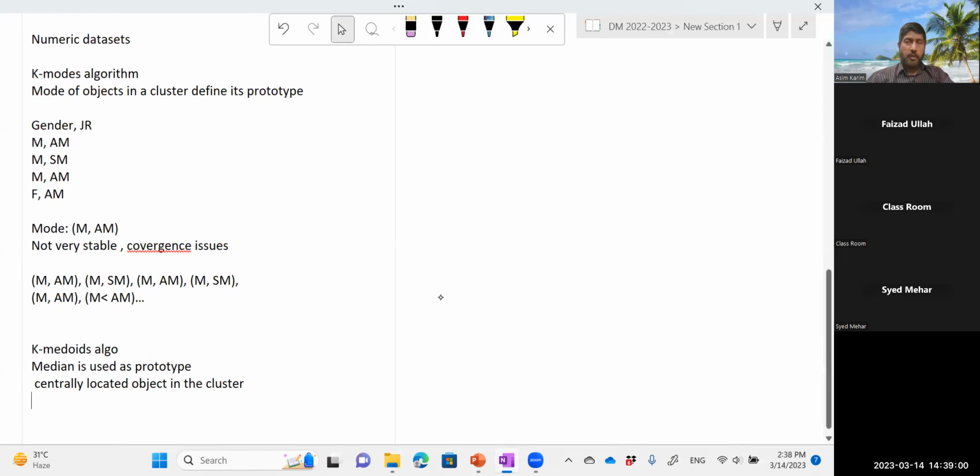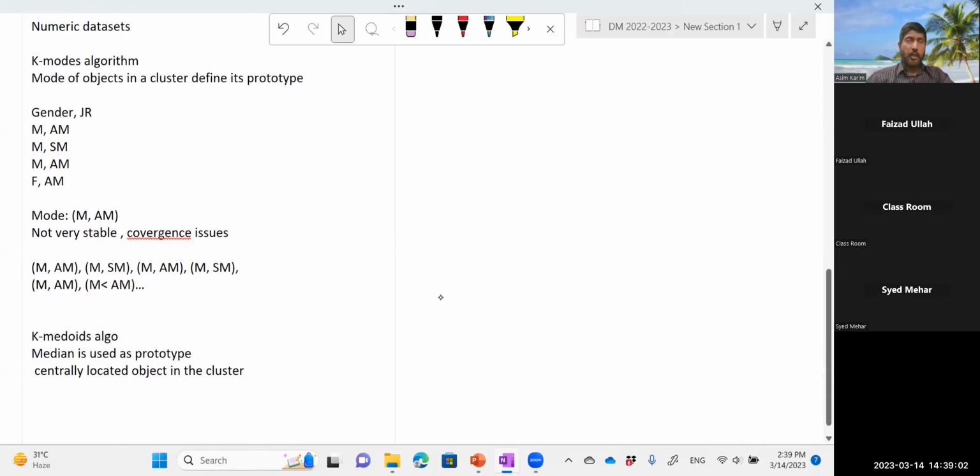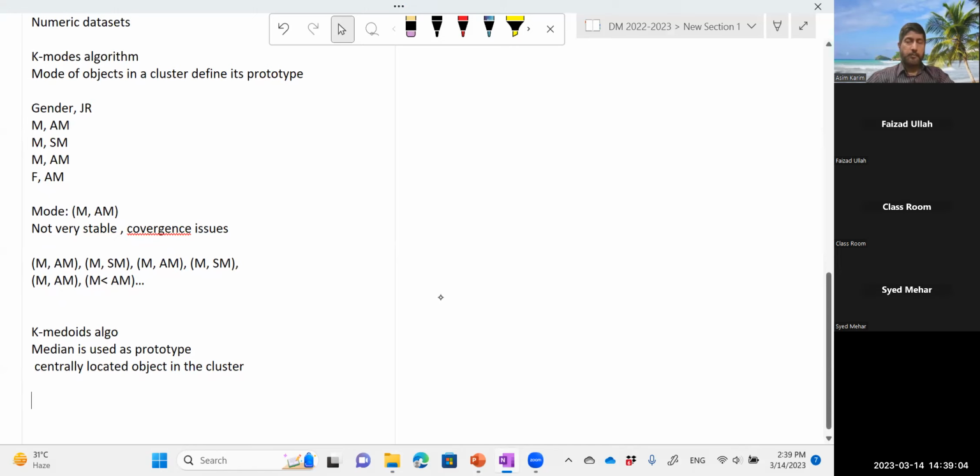तो centrally located object किस तरह निकालेंगे आप. लेट्स से आपके पास 1D डेटा सेट होता है और न्यूमेरिक डेटा सेट होता है, वो तो आप निकाल लेंगे. बट लेट्स से 1D होता है, तो आप कोई भी सॉर्ट कर लें इसको 1 2 3. ठीक है. तो 6 8 and 9 and 10.